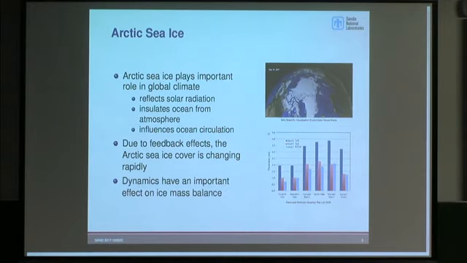This is a plot from Kwok and Rothrock, where they look at submarine data, the dark blue lines from the 50s through the 70s, then red for later submarine data from the 1990s, and the light blue are the ICESat records. So there's a significant decrease in the ice volume as well.